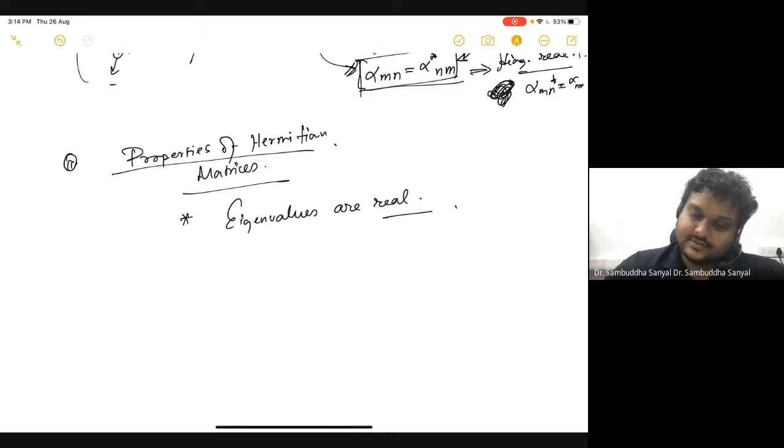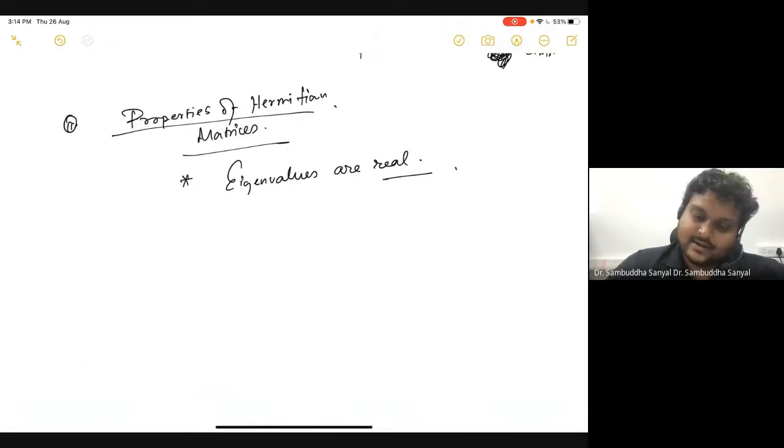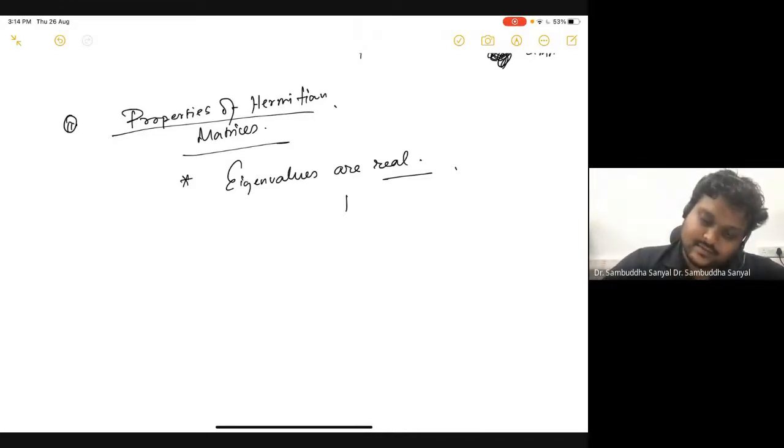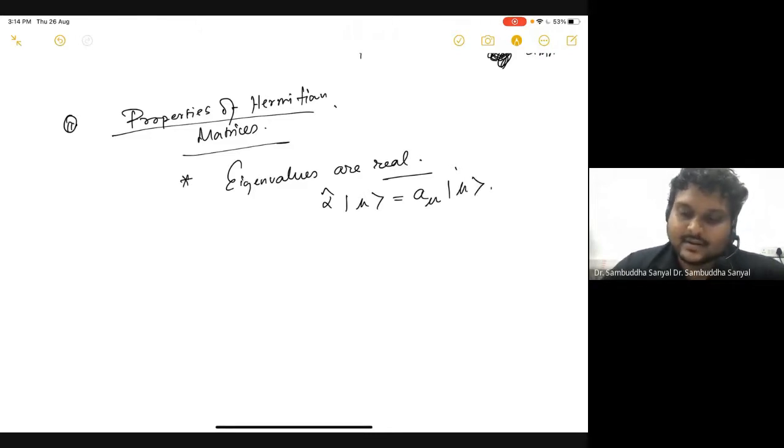So what you have to do for that is start with this guy, A alpha_mu equals mu alpha_mu. Let's say you get an eigenvalue that is mu, and show that mu must be real.